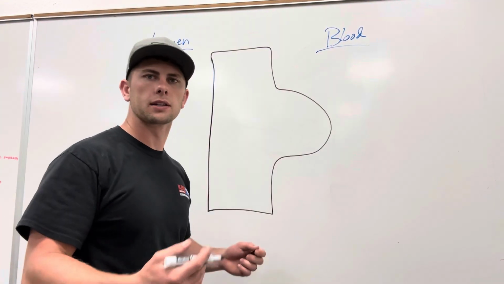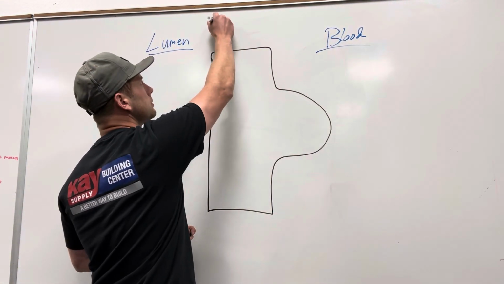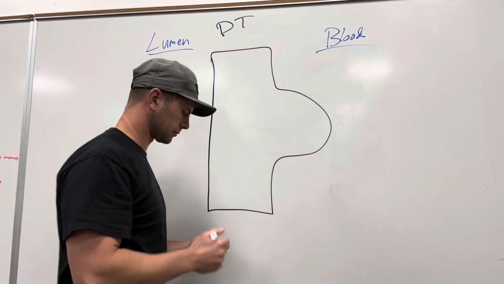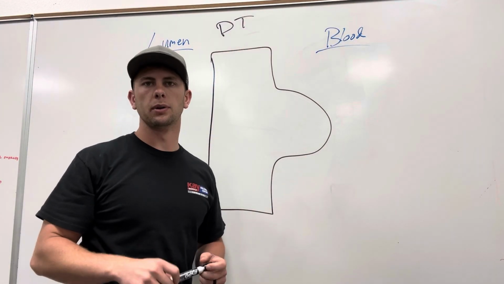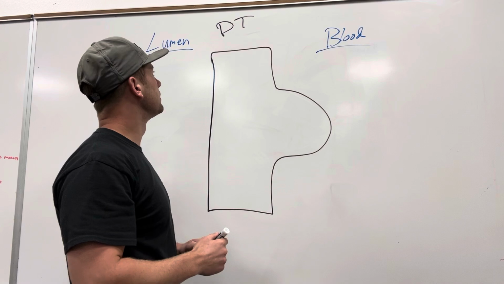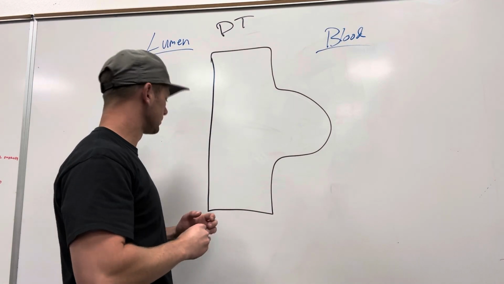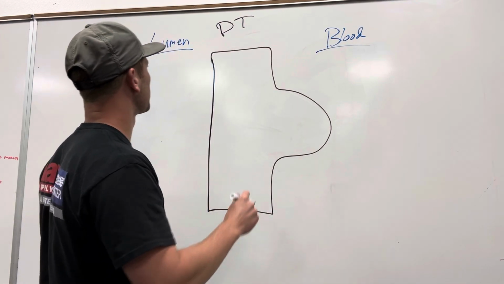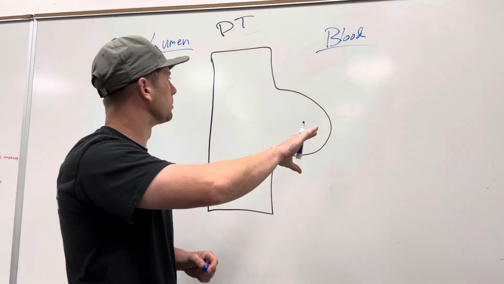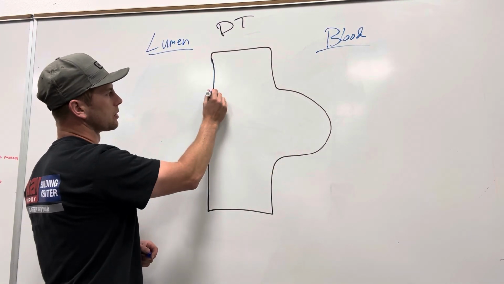Now we're going to talk about the descending tubule. It's pretty simple, we're just talking about water. This is where a bunch of water is going to leave the lumen and go into the blood. So we just have aquaporins here.